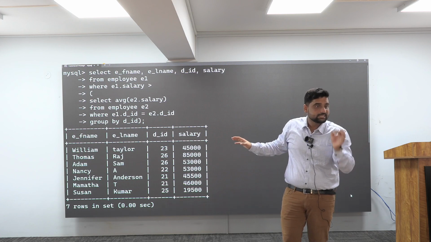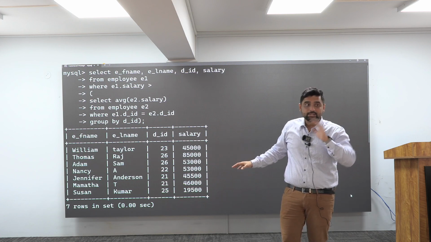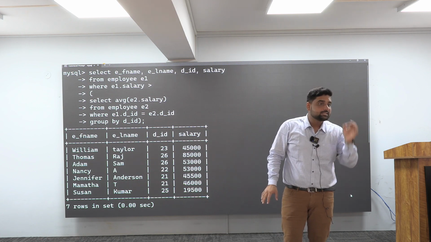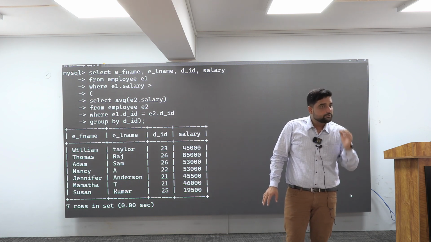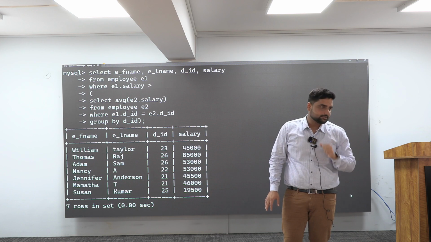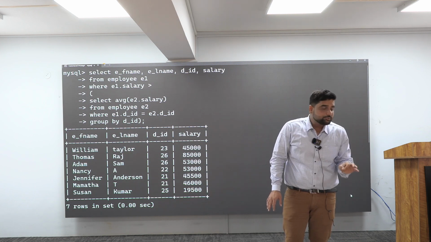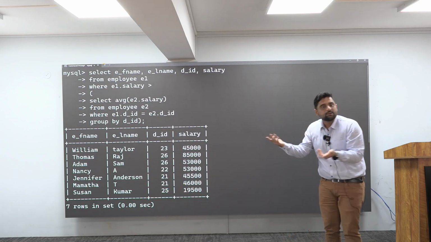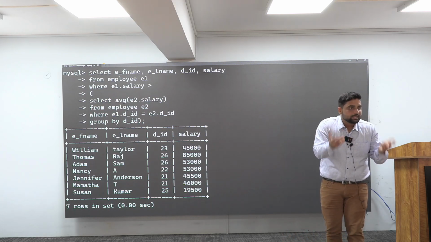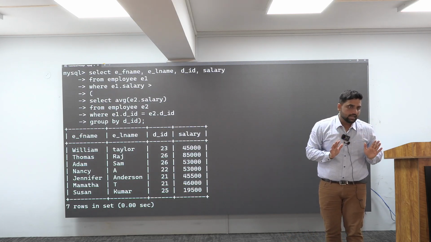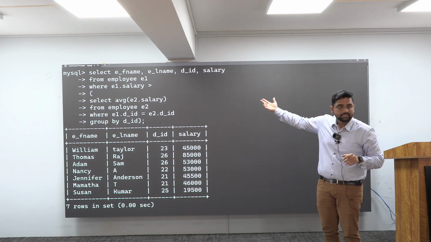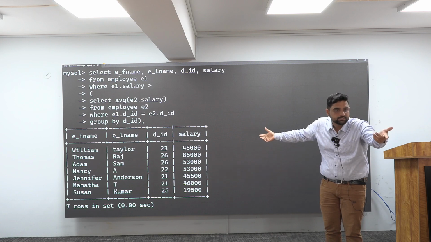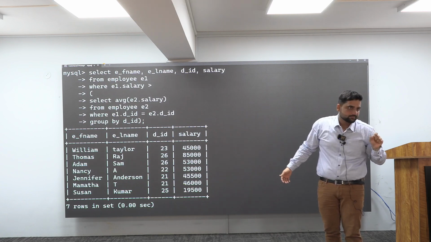And please, whatever I am teaching, don't try to memorize everything. First understand how things are working. If you memorize, then you will forget. Understood? So first you have to understand what is table alias, why I am using it, what is the purpose. Everything you have to understand. And whatever query I have written, this need not be the same query that you write. You can make your own approach, but the query should be correct.